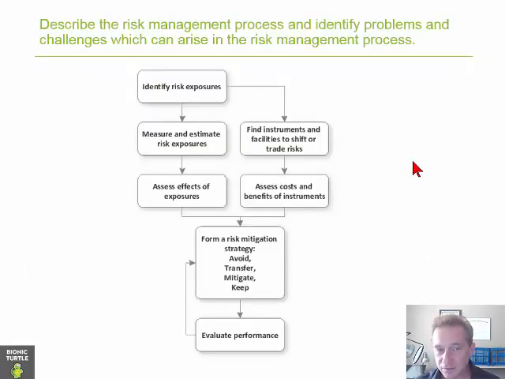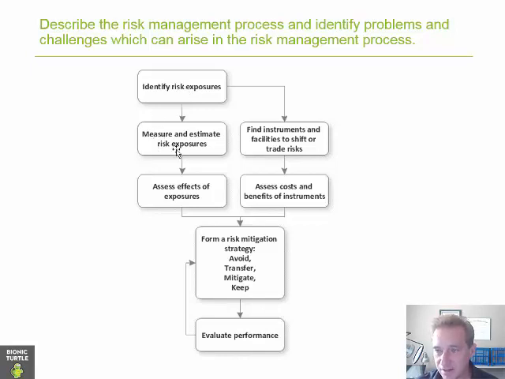So we're asked to describe the risk management process, and as a generic frame, this is also consistent. We start by identifying the risk exposures and then attempting to measure the exposures. So notice right here, I could argue that this is about, okay, what are we uncertain about that poses a threat?